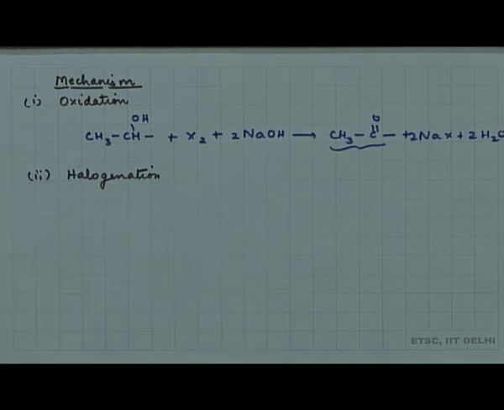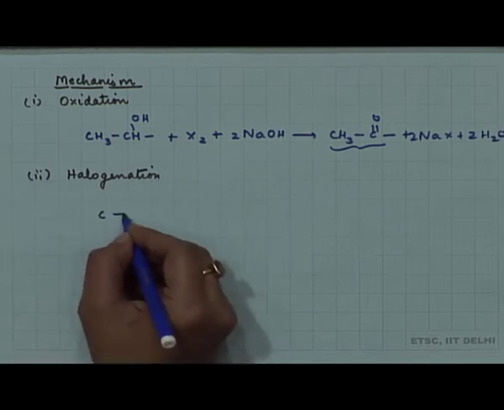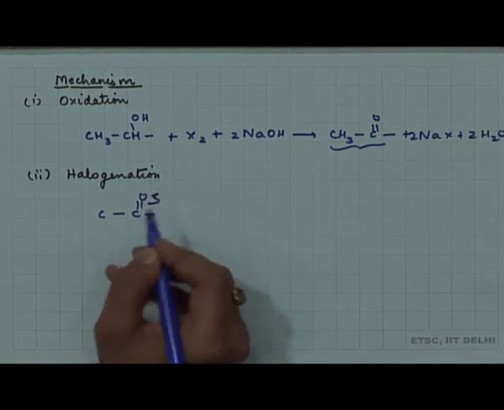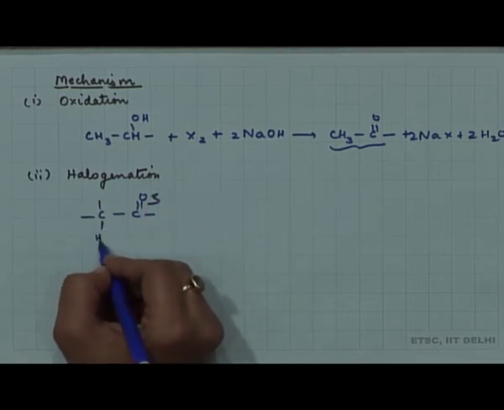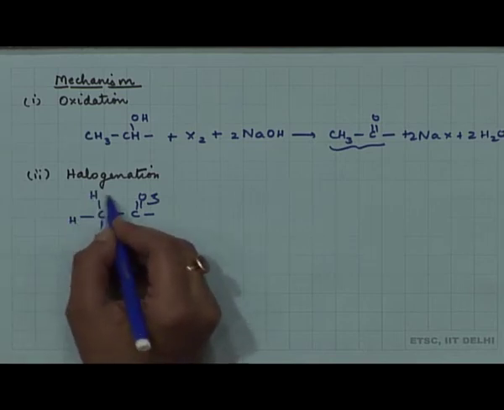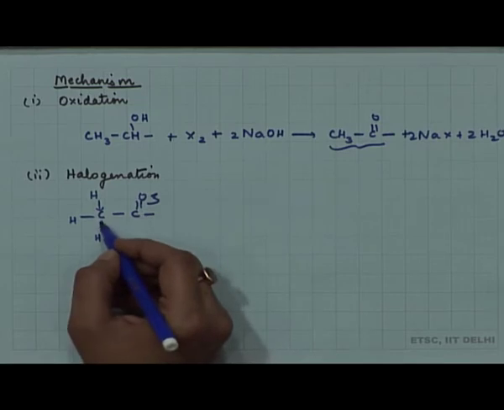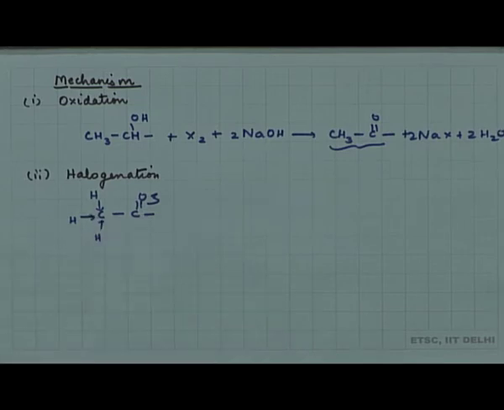Now, in the halogenation, you have a carbon next to a carbonyl, which is an electron withdrawing carbonyl, and each of these hydrogens, the alpha hydrogens, is slightly acidic because of the presence of the adjacent carbonyl.